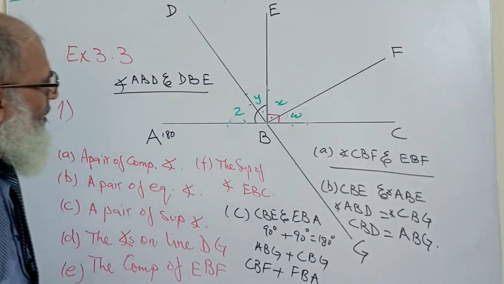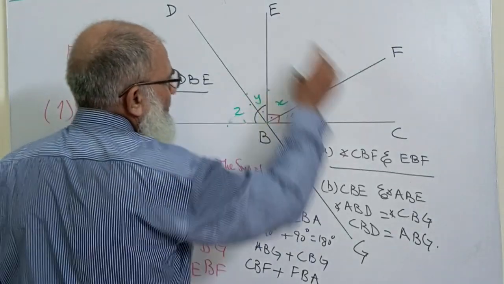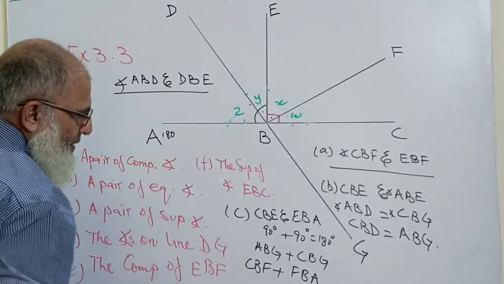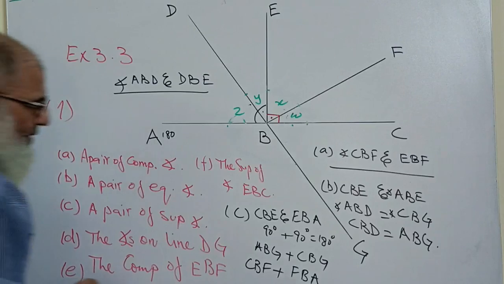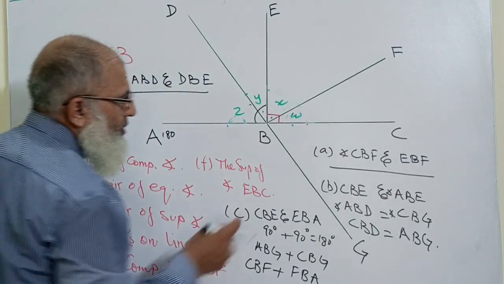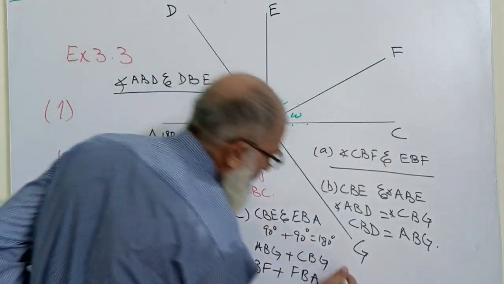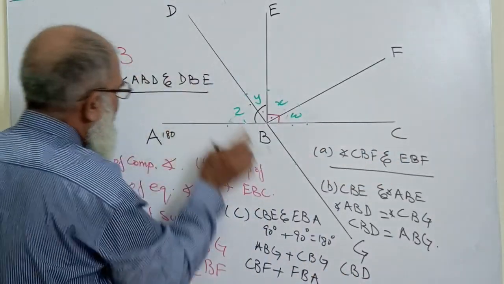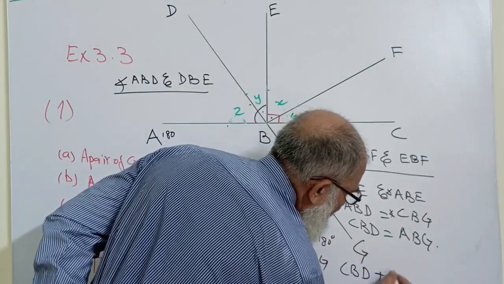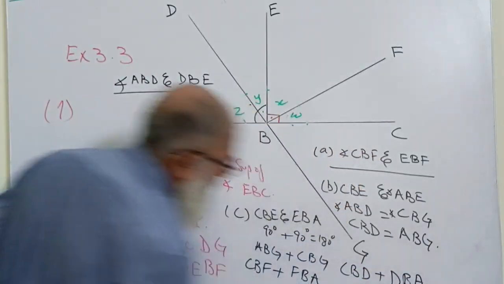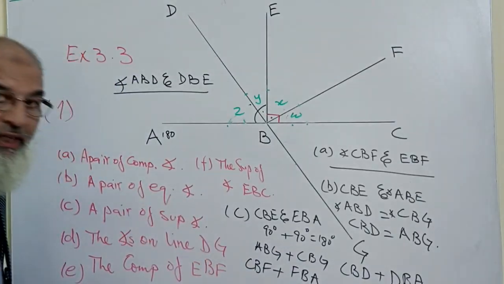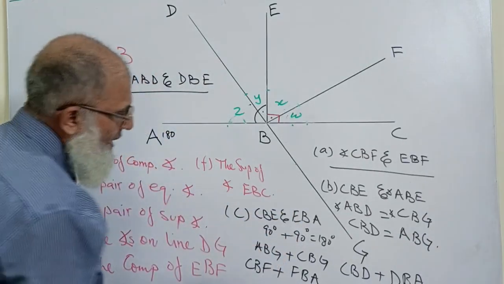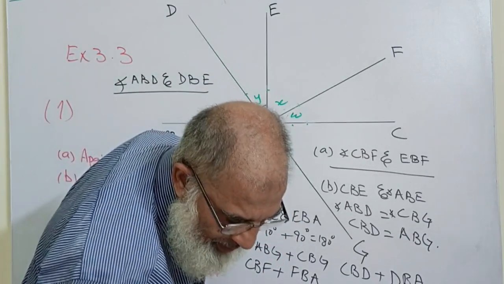So there are a lot of angles. CBD and DBA are again 90 degree, 180 degree. I have very little space left now. So these are all pairs, six to eight pairs.